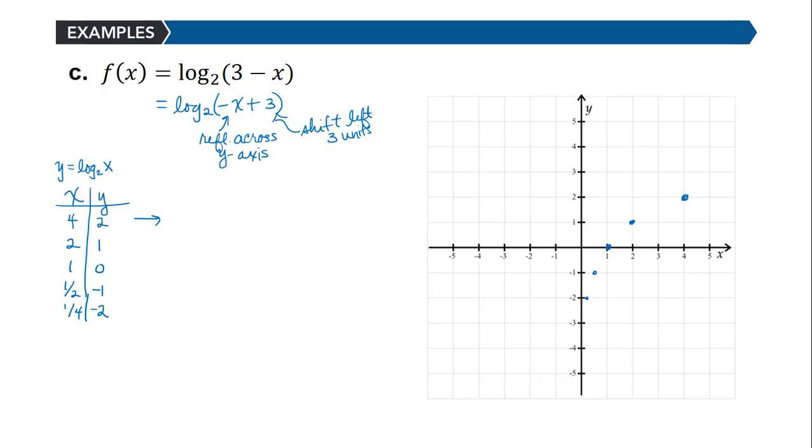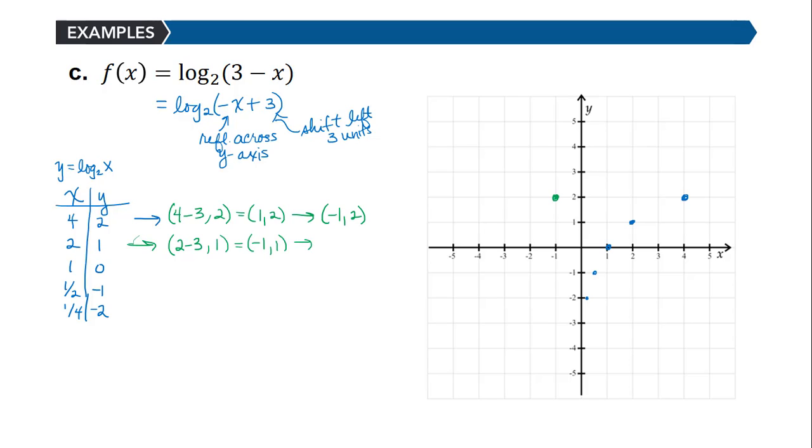So I'm going to shift left 3 units, so the point 4, 1 would subtract 3 from the x value to become 1, 2. But then to reflect that across the y-axis, if I shift left 3 to 1, 2, reflected across the y-axis would become negative 1, 2. 2, 1, I'm going to shift left 3, so 2 minus 3, 1, would be at negative 1, 1.